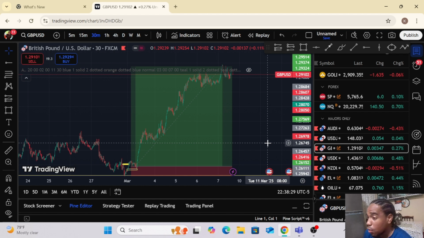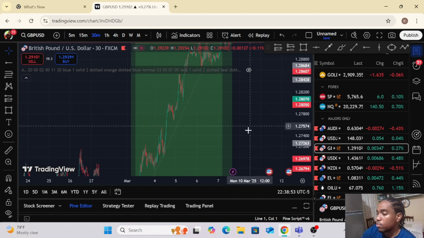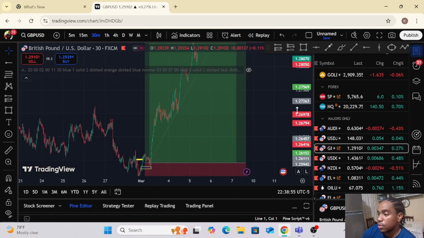A 4-hour point of interest, a daily point of interest, a weekly point of interest, this is optimal for me. And oftentimes when price comes into those zones and either continues to the downside or reverses, it reverses with more aggression. And that is what I've seen from the time that I've been trading.